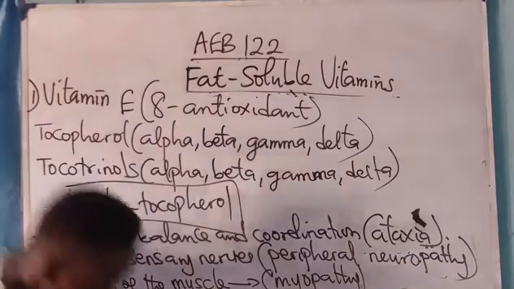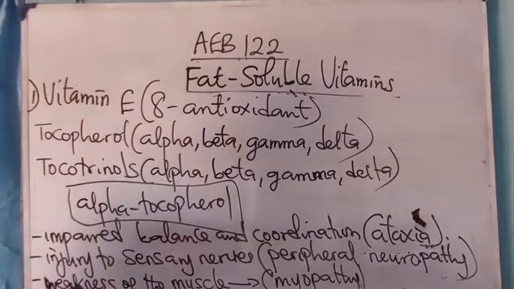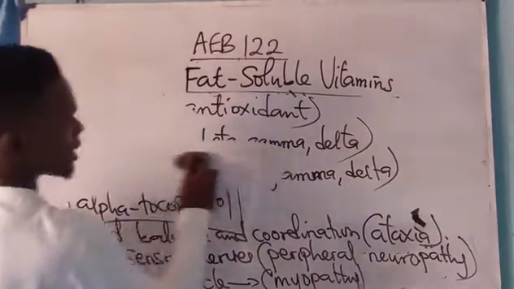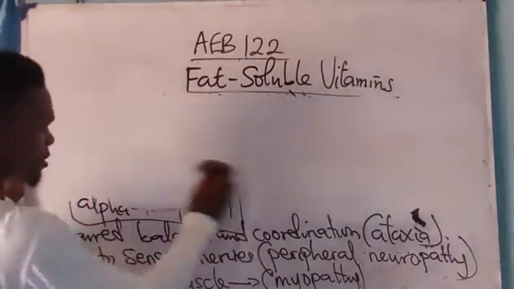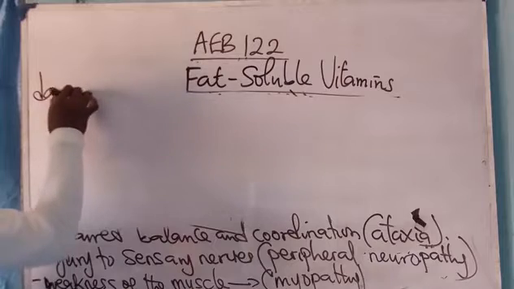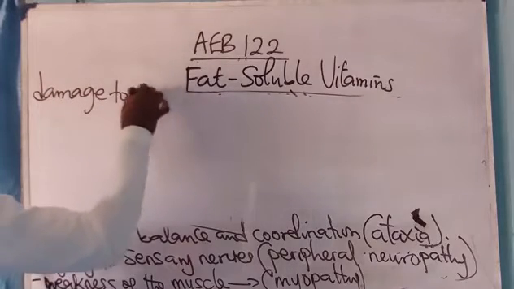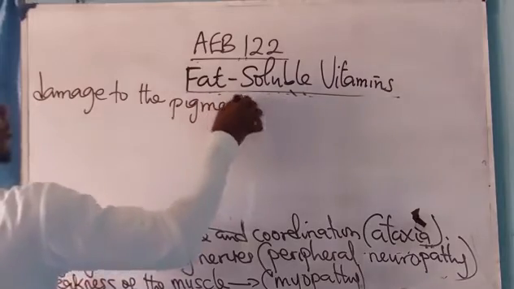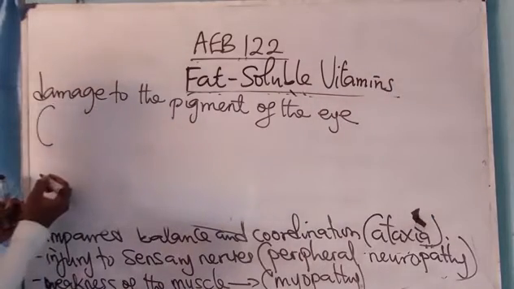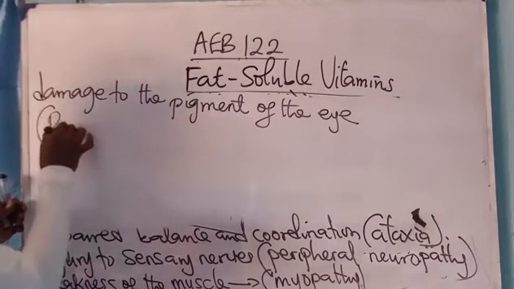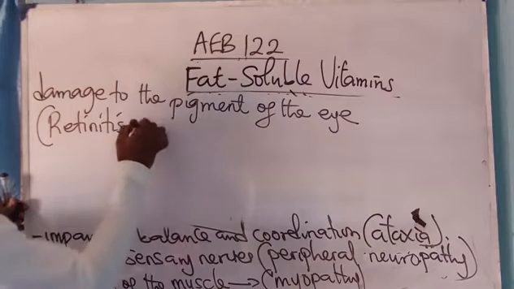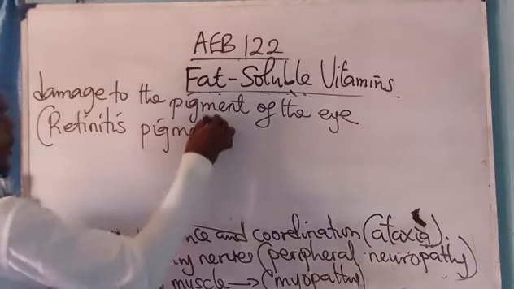Now, lack of vitamin E can also damage the pigments of the eye, and this is called retinitis pigmentosa.